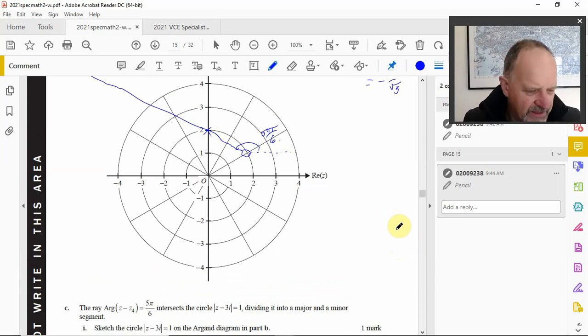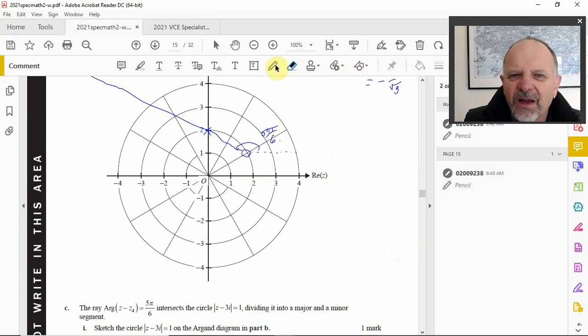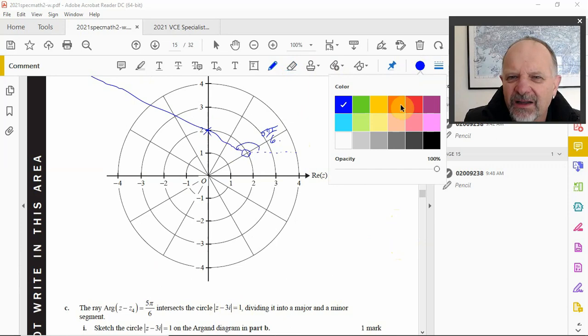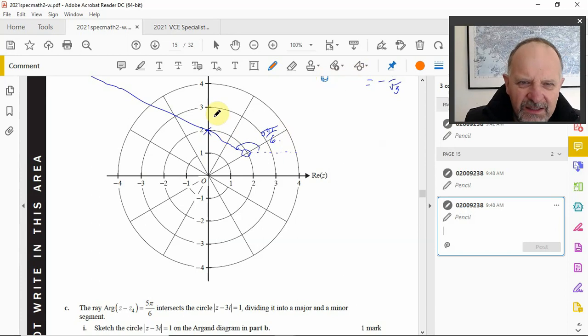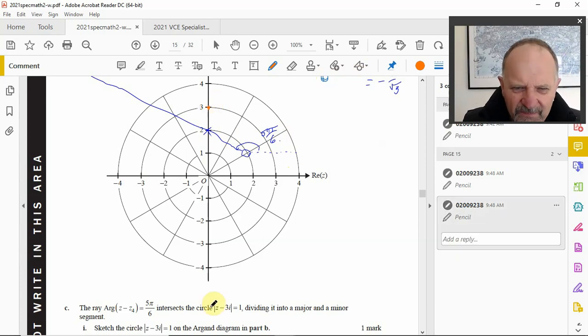So let's have a look at this circle. Well, this circle, z minus 3i, so it has its centre, I'm going to change my colour here so that when I draw the circle. All right, so the centre is here at 3i.